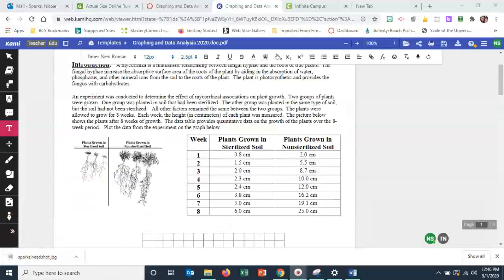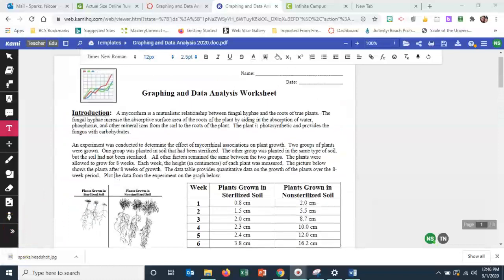This is the activity we're working on today, which is taking quantitative data and plugging it into a graph so we can visualize and represent what we're actually talking about. So we're taking quantitative data so that we can use it qualitatively and talk about it.